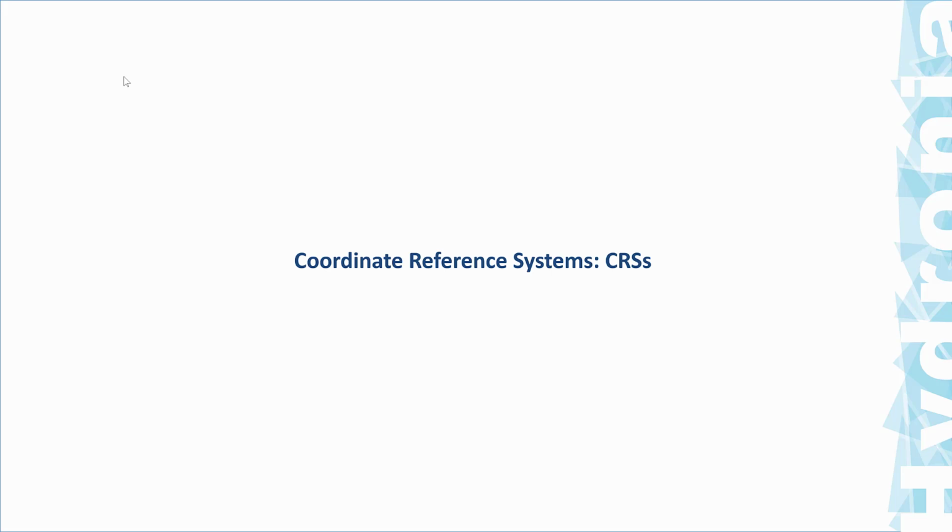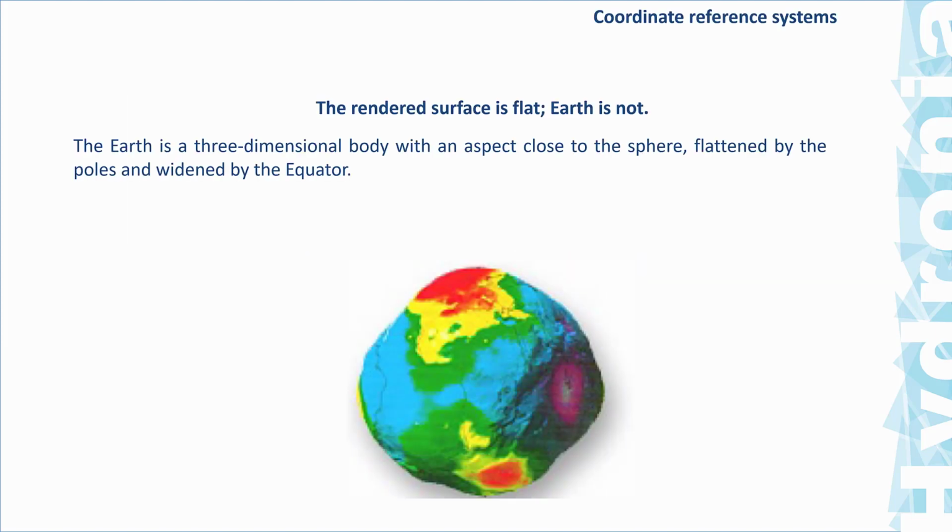So first, the coordinate reference systems, or sometimes called CRS. The main issue is that when we're dealing with surfaces on the Earth, what we encounter is that the Earth is not a perfect sphere.